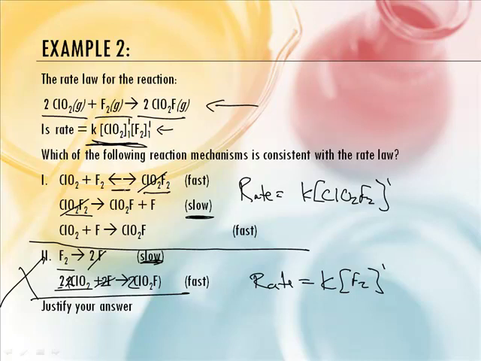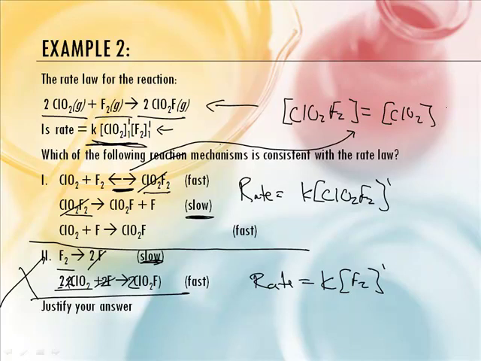And I want you to very carefully note that this arrow right here is not a single arrow. No. It's a double arrow. Yeah. And so what you can do mathematically, a double arrow is like an equal sign. You can say ClO2F2 is equal, using this arrow right here to make our equal sign, to ClO2 parentheses F2. So watch out for those double arrows, and actually sometimes these will be called not the fast step, but fast equilibrium.